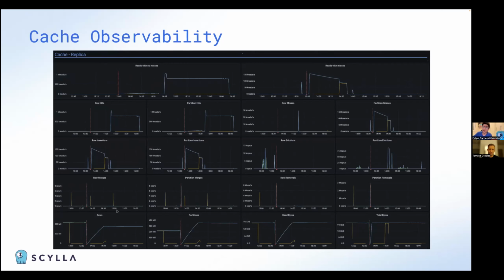And what's cooler about all those metrics is that every single metric is available per CPU, or per shard in ScyllaDB's terminology, given our shard-per-core architecture. That means you are able to see how each CPU in your cluster is individually performing and easily identify potential bad access patterns in your application.